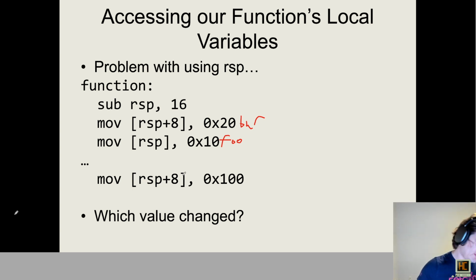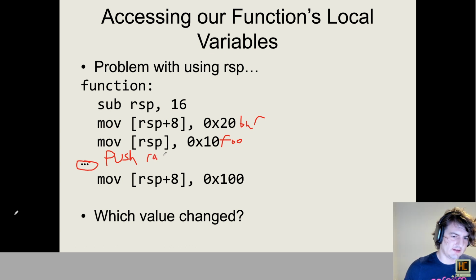RSP plus 8 is where bar is. Is it though? How can you guarantee that? What if inside of these ellipses, I had something that said push RAX?